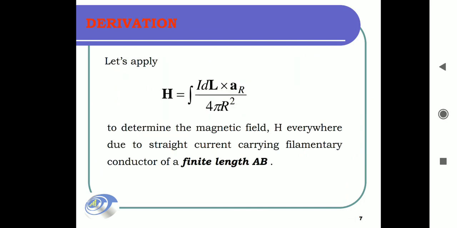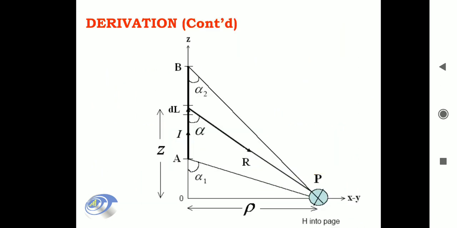So this is the expression we have got, and let us apply it to determine the magnetic field due to a straight current carrying conductor of finite length AB. Let us consider a conductor of finite length placed along the z-axis as shown in the diagram.